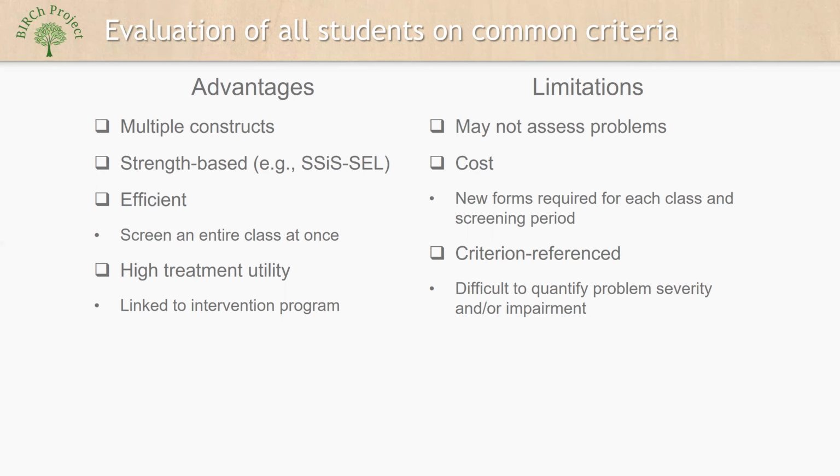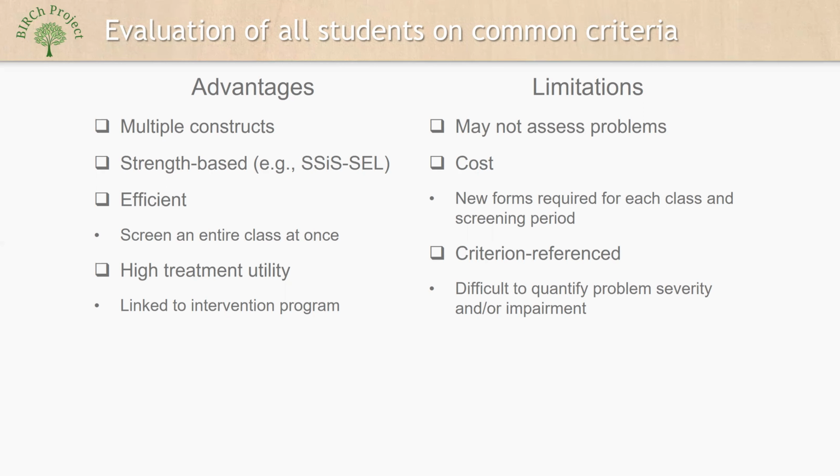As I said, these tend to be very efficient in that you can screen an entire class in a relatively short amount of time. This particular measure, the SSIS, has high treatment utility because it is specifically linked to an intervention program.